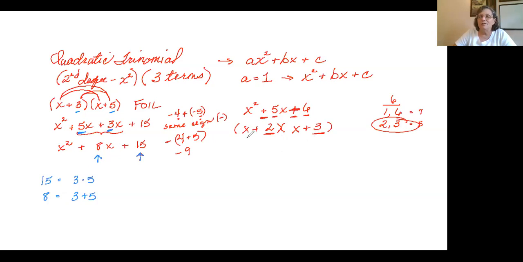And if we FOIL this out, notice that we get x squared, a +3x, a +2x, and a +6. And this will be the x squared plus 5x plus 6.